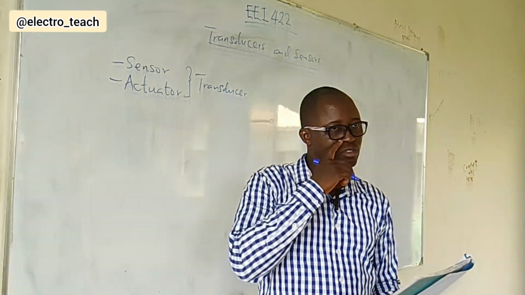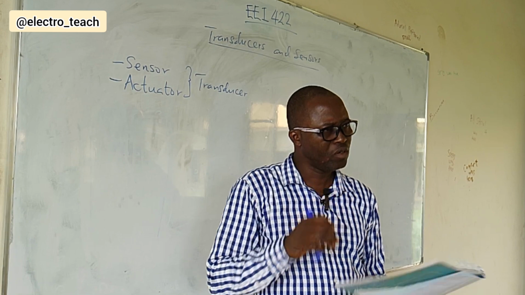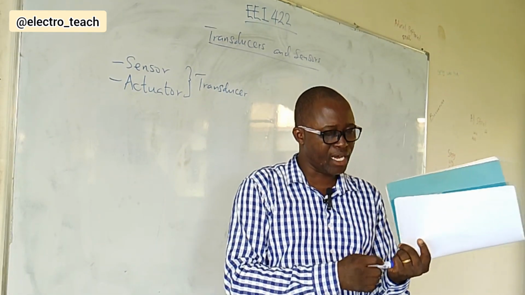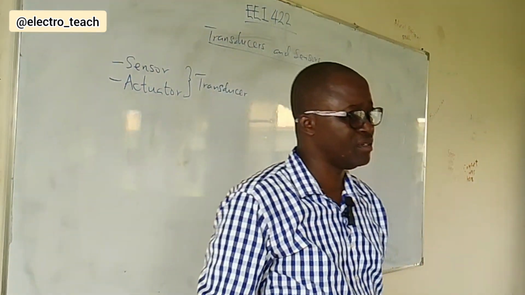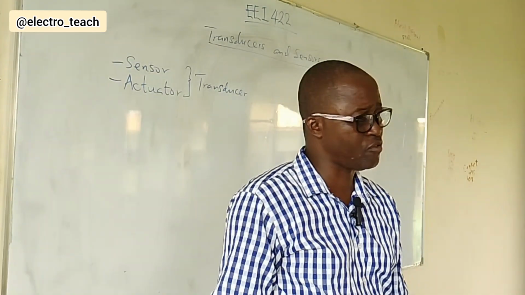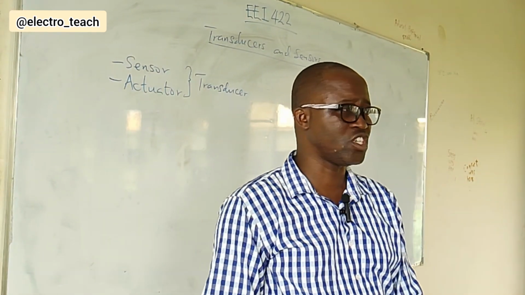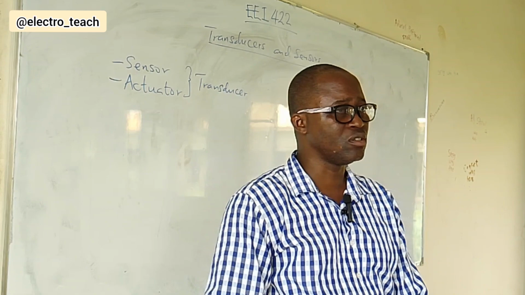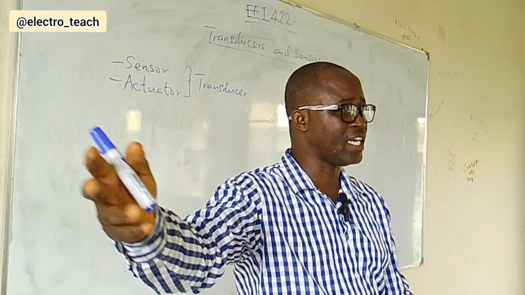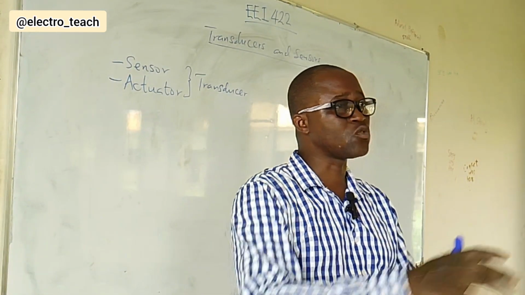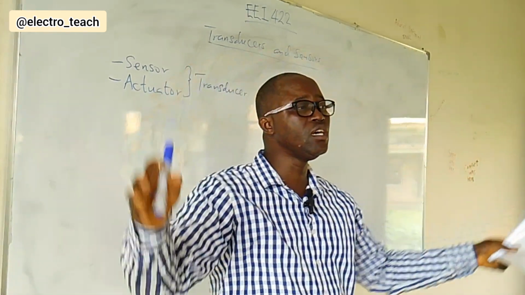The real world. What do we mean by real world? We mean the things that happen in our environment, which comprises energy in various forms: pressure, force, displacement, acceleration, sunlight energy, and so on and so forth. That is what we mean by the real world.